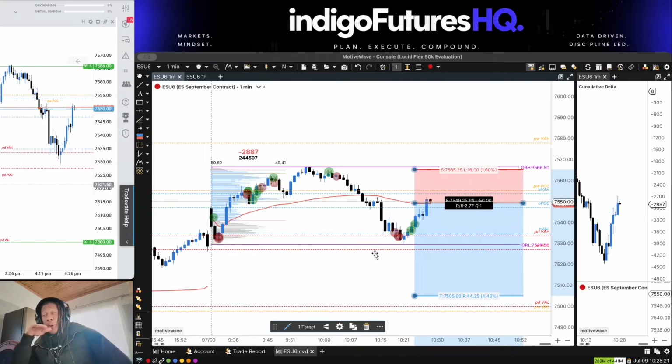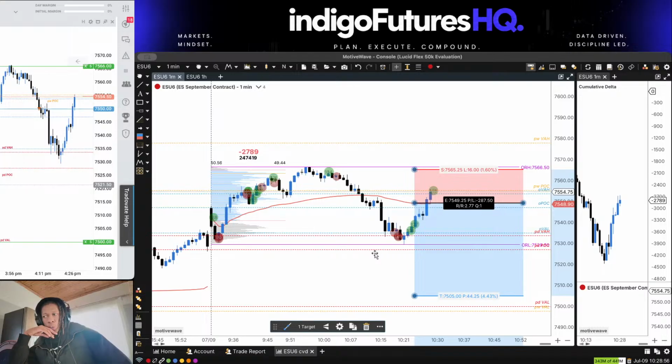We're right at our entry right now. So we go up, we're out. We come down, we have a chance. More so if we break that previous week point of control. Okay, buyers at the top of that candle.